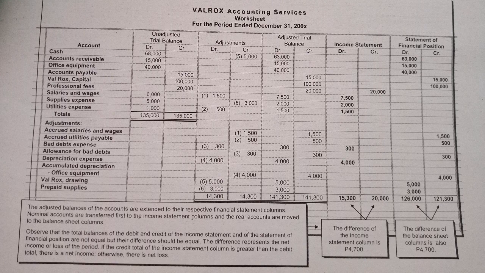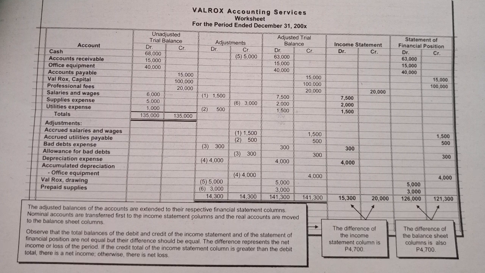Kinopya niya yung professional fees of 20,000 and expenses from salaries and wages down to the depreciation expense. So, kung mapapansin nyo, under income statement na worksheet, merong difference na 4,700.